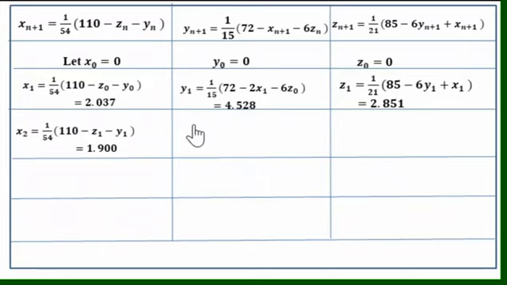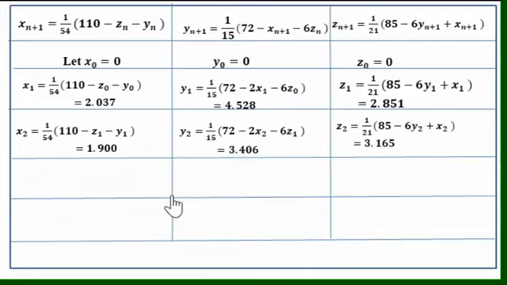Next comes y2. What is y2? We can replace y1 by y2, x1 by x2 and z0 by z1. So the formula is: y2 is equal to 1 by 15 into (72 minus 2 x2 minus 6 z1). That is, substitute for x2 and z1. x2 is 1.9 and z1 is 2.851.